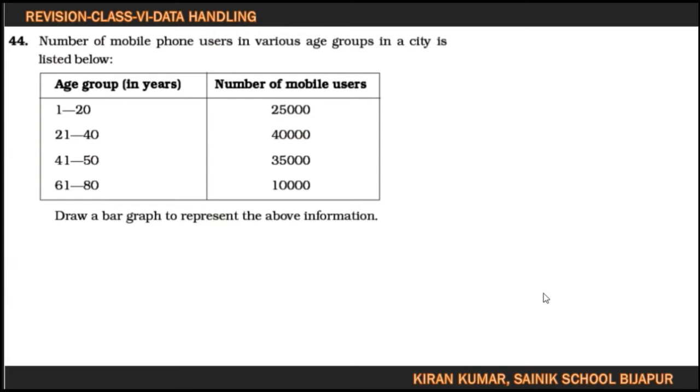So let's do that. Now this is what the information we require to do it on the bar graph. The number of mobile users are 10,000 onwards and the maximum is 40,000. So preferable scale we need to choose.